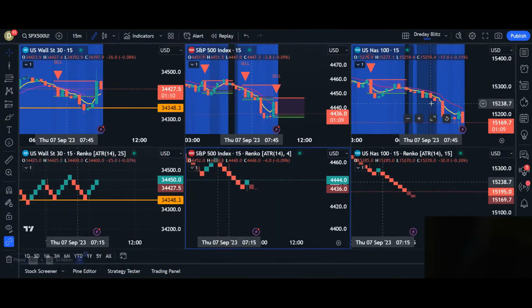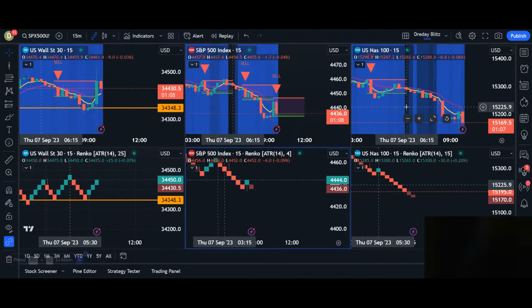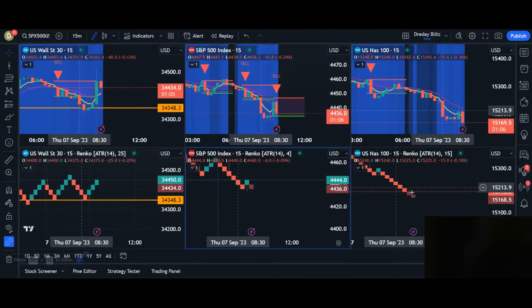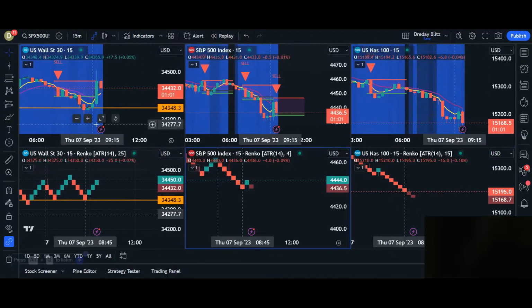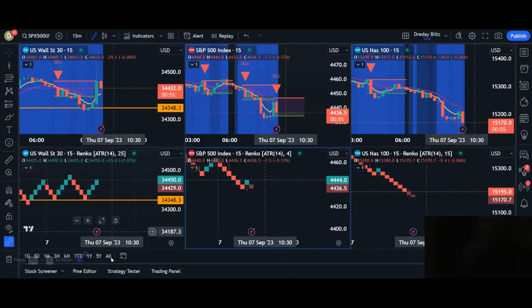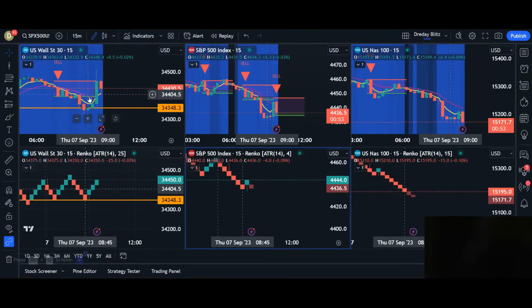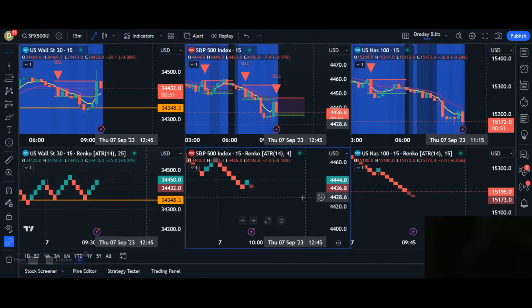For Nasdaq 100, it's starting to go down. It was still showing a downtrend overall since the start of this session. And for S&P 500 or US 30, it's still showing bullish here. So we'll see how it goes here at 10.